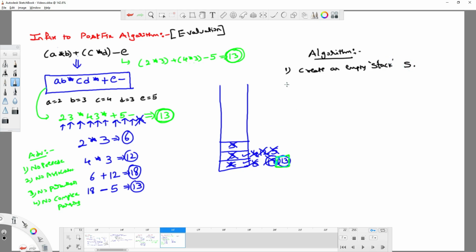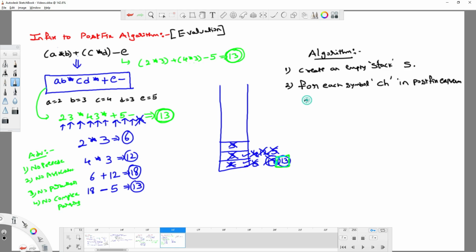Then what is the second step we did? We are scanning the expression from left to right. So what will I do now? I will use a for loop: for each symbol ch in the postfix expression.